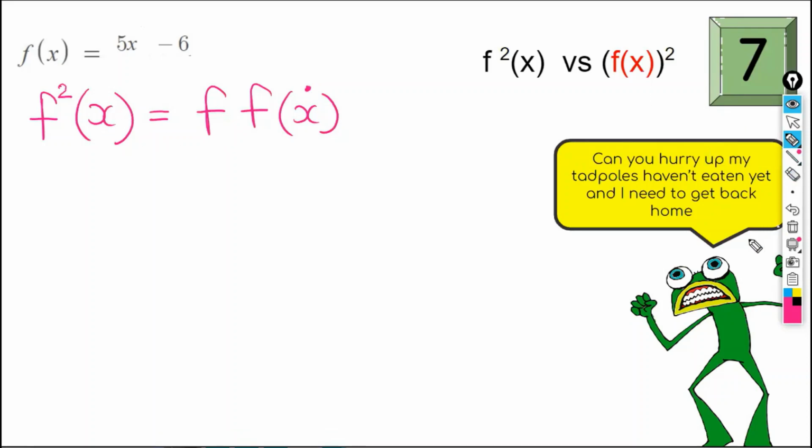So if I ask you to find f squared of, let's put 2 over here, that means f of f of x, and we're pretending x is 2. That means we're going to put 2 into f, and whatever we get, we put it back into f.